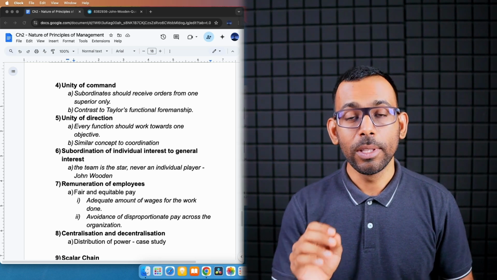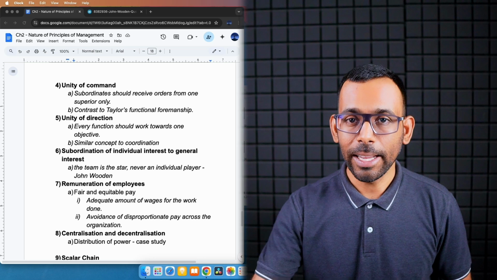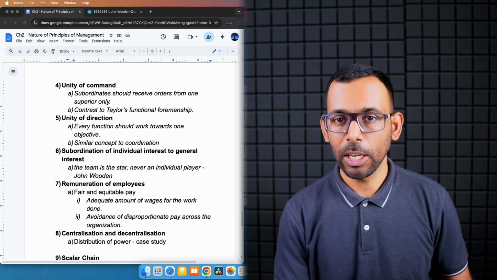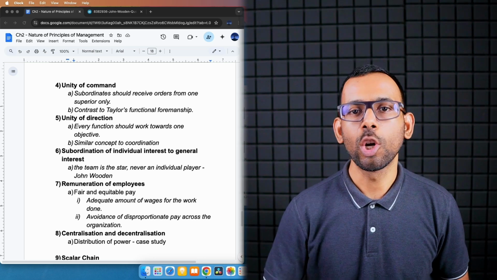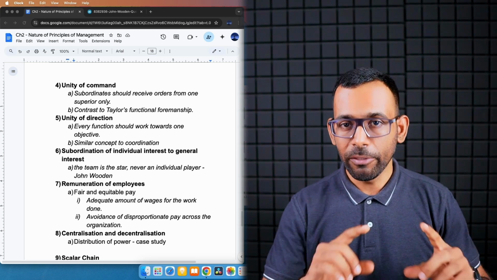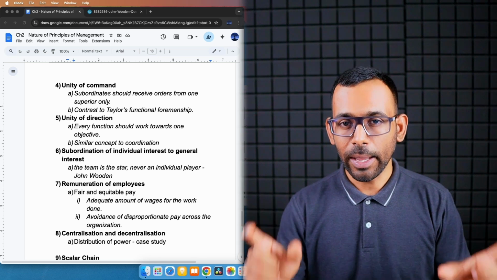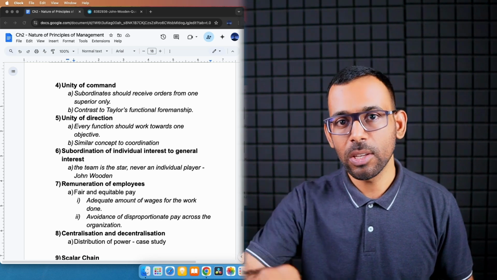Now this is exactly opposite to what Taylor has proposed. If you recall, Taylor came up with this concept called functional foremanship, isn't it? He says that every factory should have 8 supervisors and those 8 supervisors should manage each and every employee.